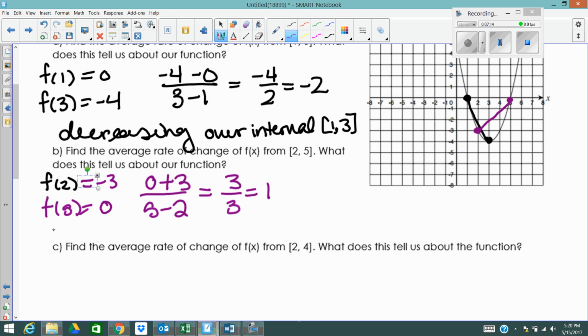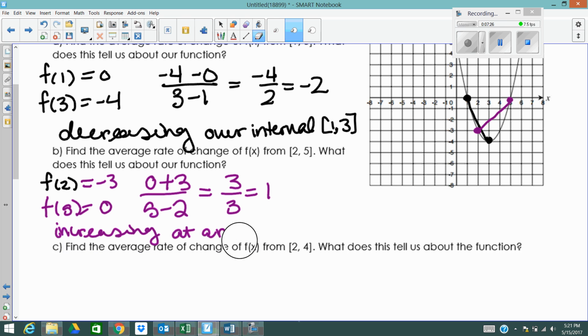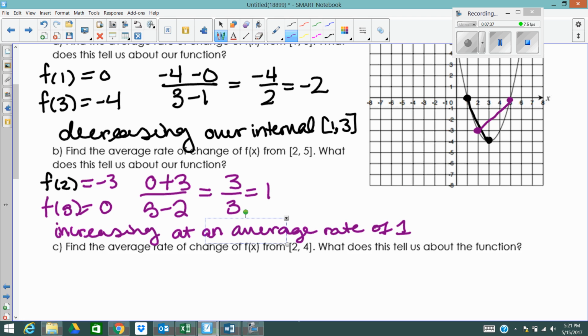So that tells us that our function is increasing at a rate, or an average rate, of 1 over the interval of 2 to 5.